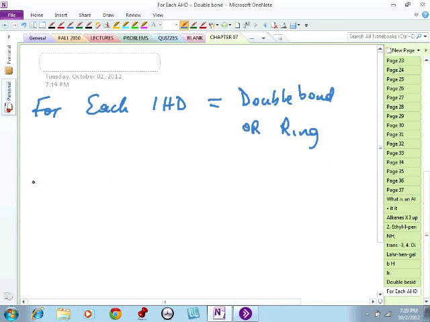Supposing you have two indices of hydrogen deficiency, what does that mean?